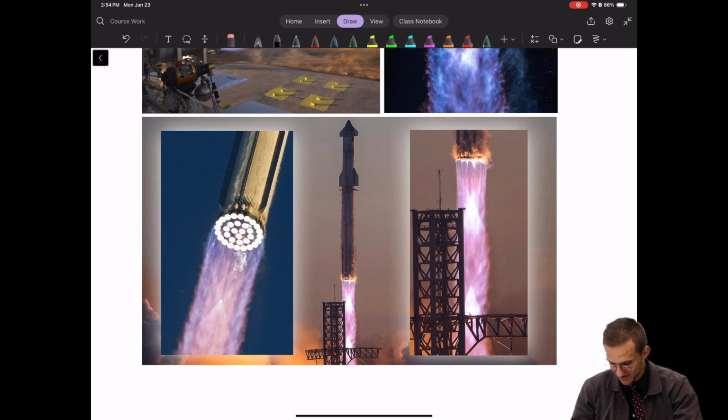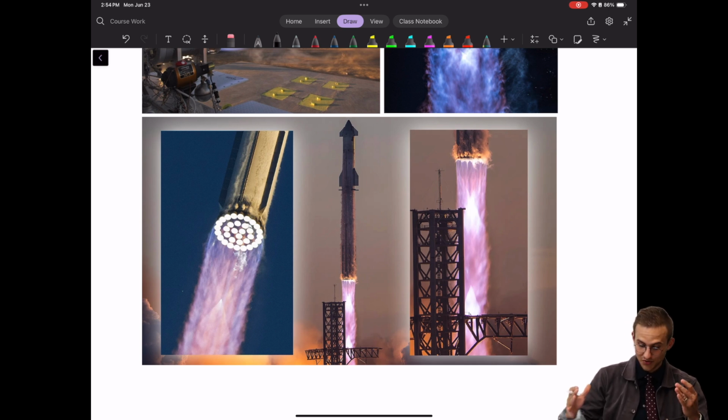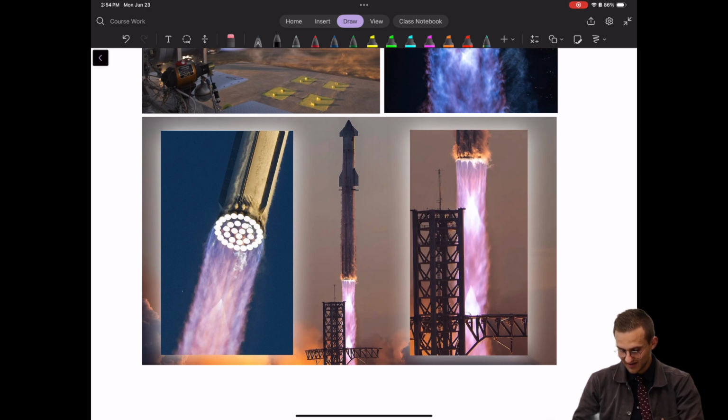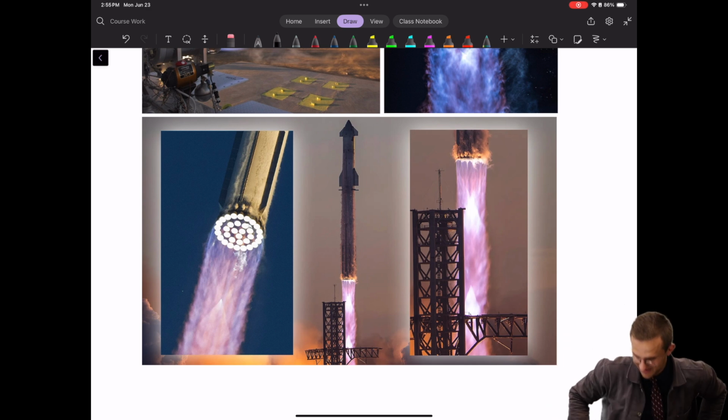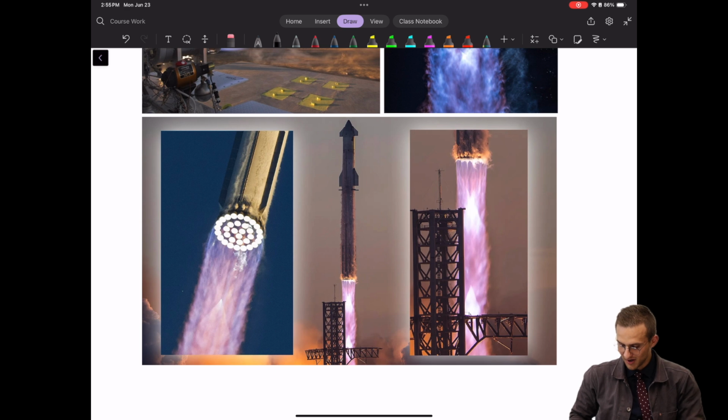The flow from all of the Raptor engines is sufficiently parallel and quasi-1D that when they coalesce to form that huge exhaust plume of the Starship, right when it launches, you get this mega Mach diamond. It's just like a mother of all Mach diamond structures, from all these engines working together.